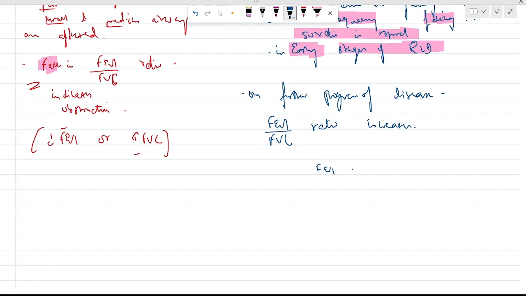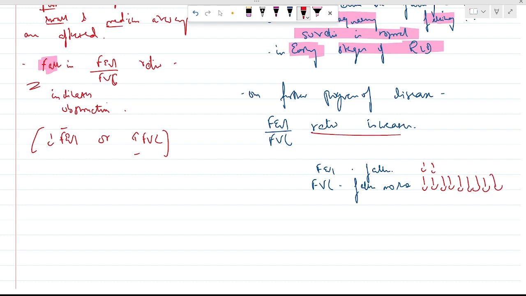FEV1 falls, but FVC falls more. Both fall, but the FVC fall is much more, so the ratio increases.